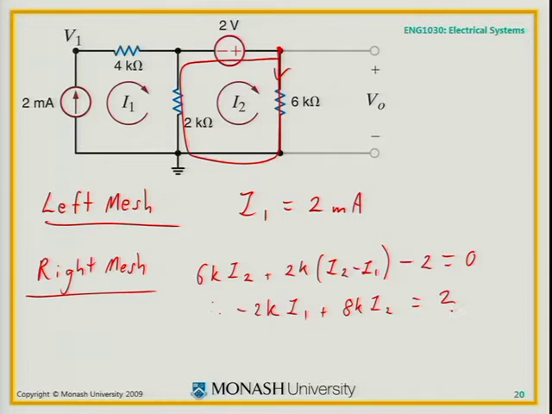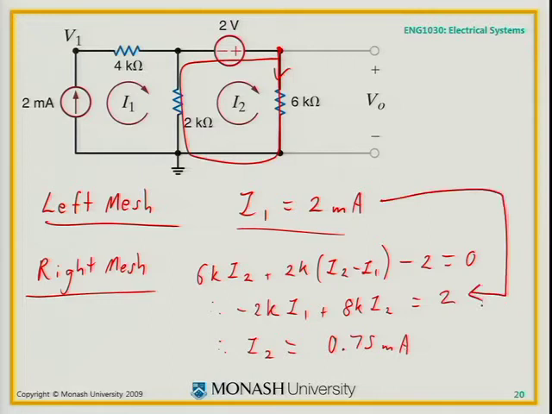Pretty easy to solve those simultaneous equations because you already know I1 is 2 milliamps, so you can work out that I2, by plugging it in, will be 0.75 milliamps. By just plugging that into there.